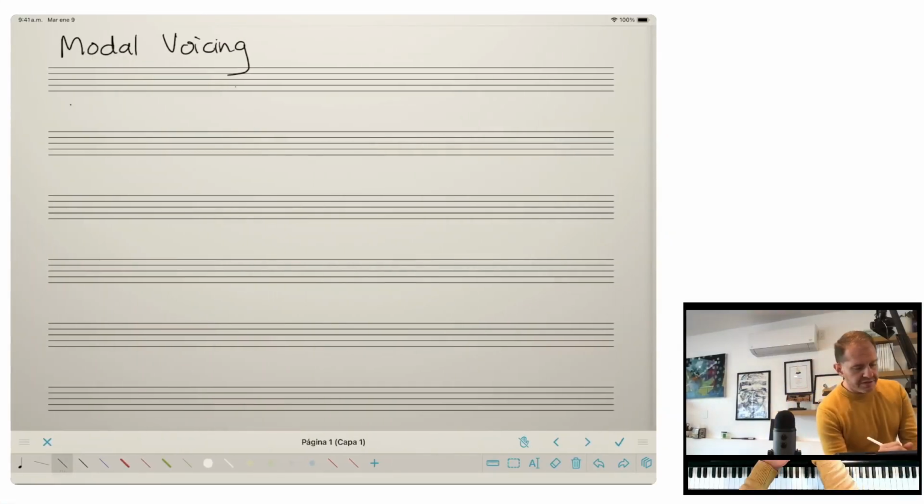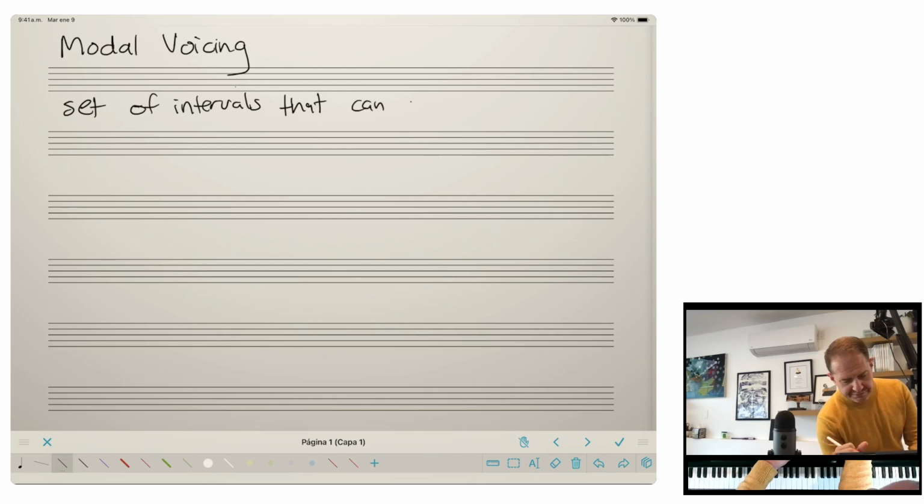So a modal voicing is a set of intervals that can be applied to any point in a mode.